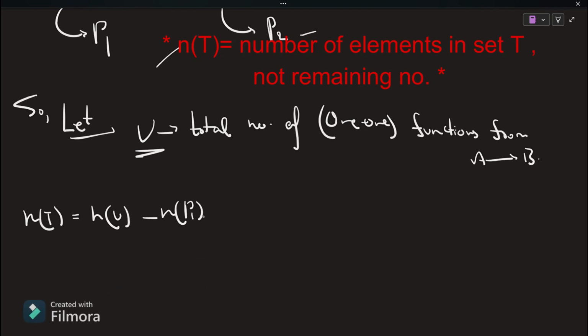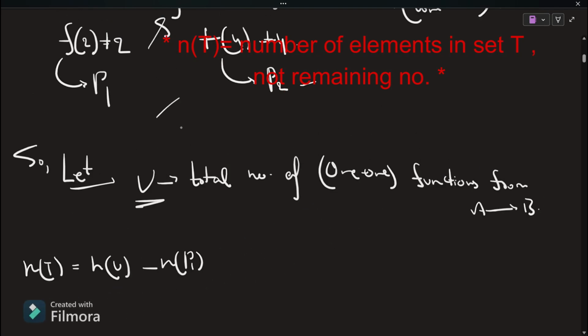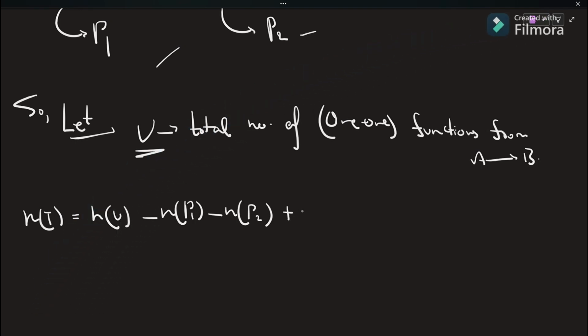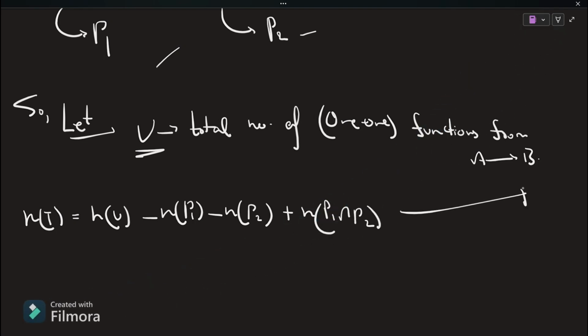We can remove the part where f of 2 equals 2 and f of 4 equals 4. We will remove them, and we have to find the number of p1 intersection p2. Let's say this is equation number first.